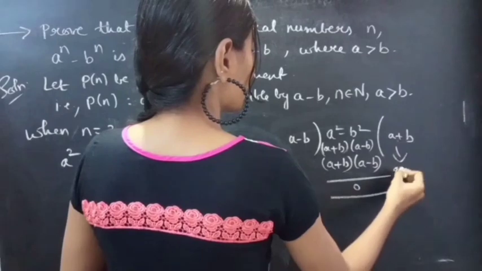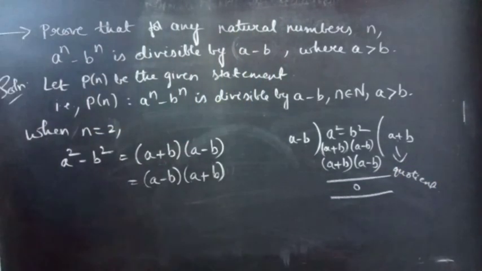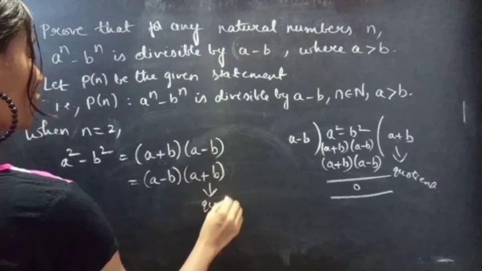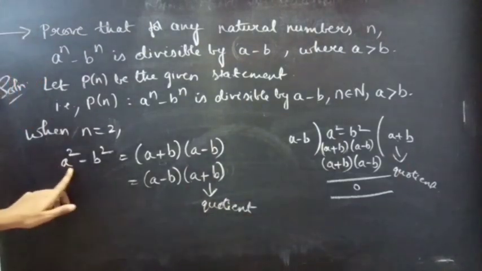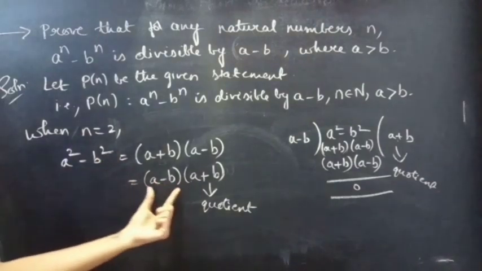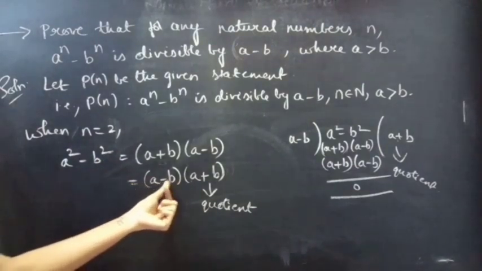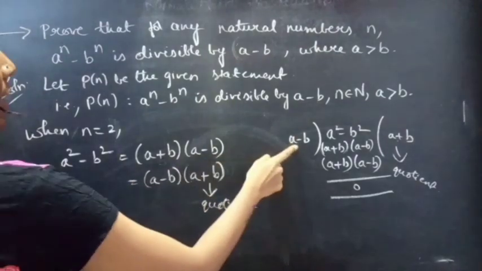A plus b is a quotient, right? This is quotient. And a square minus b square is a multiple of a minus b. Since it is a multiple of a minus b, it is divisible by a minus b.